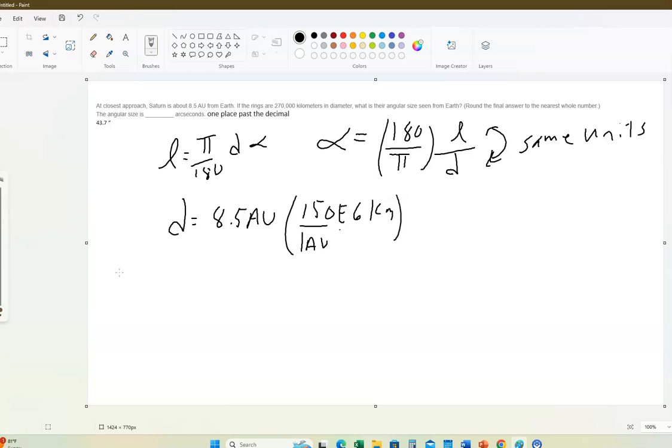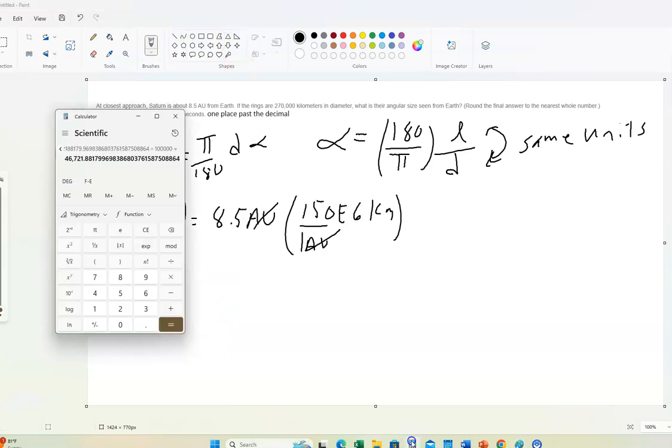So that'll change it into kilometers. Let's get our calculator out. Oh yeah, and this is at the closest approach.